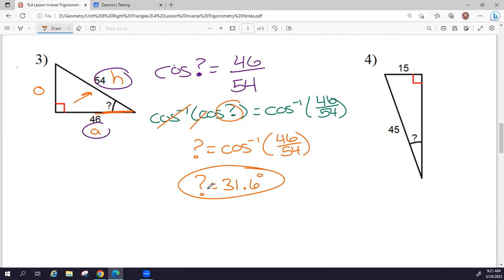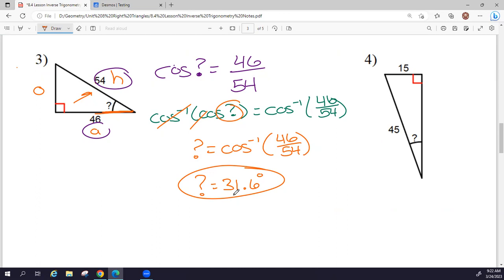So I just want to make a note, a place where we can make a mistake and do a lot of really good work and get an answer that is not the answer we're looking for. We have to set up our O, A, and H correctly, because if we get O and A switched around, we are going to end up finding the sine of our angle, and it's going to give us a different angle measure.